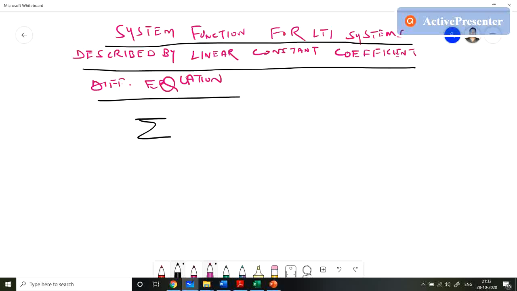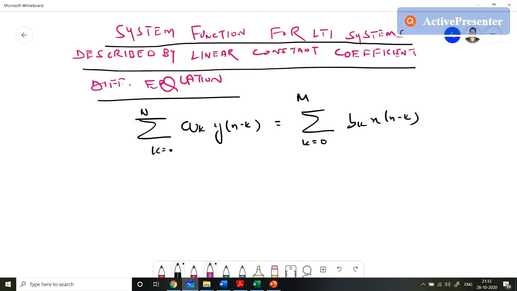The equation is in this form: summation k equals 0 to capital N a_k y[n minus k] is equal to summation k equals 0 to capital M b_k x[n minus k], and we can apply the Z transform.